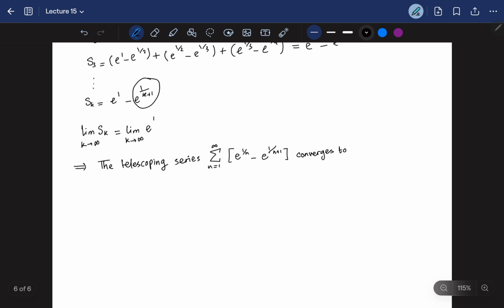So let's try and take the limit. This is going to be e minus e to the 0, so this is just e minus 1, which means my partial sum sequence converges to e minus 1. So the telescoping series converges to the same exact value.